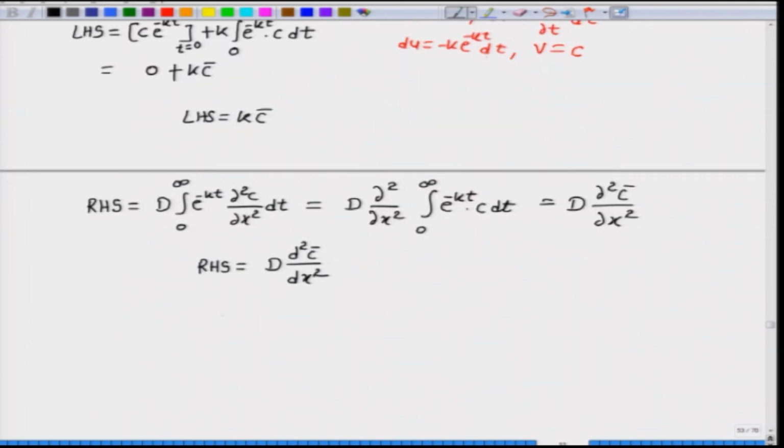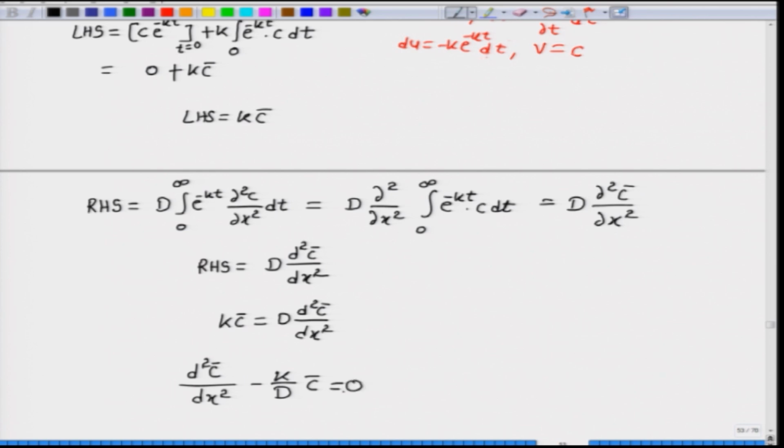So, we get k c bar, which is LHS, equal to D d²c bar/dx², and if we rearrange, we get the ordinary differential equation in c bar: d²c bar/dx² minus k/D c bar equal to 0.